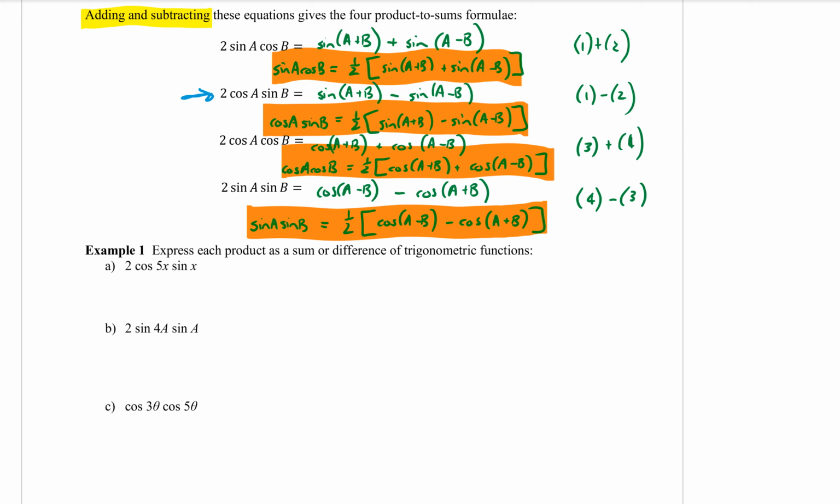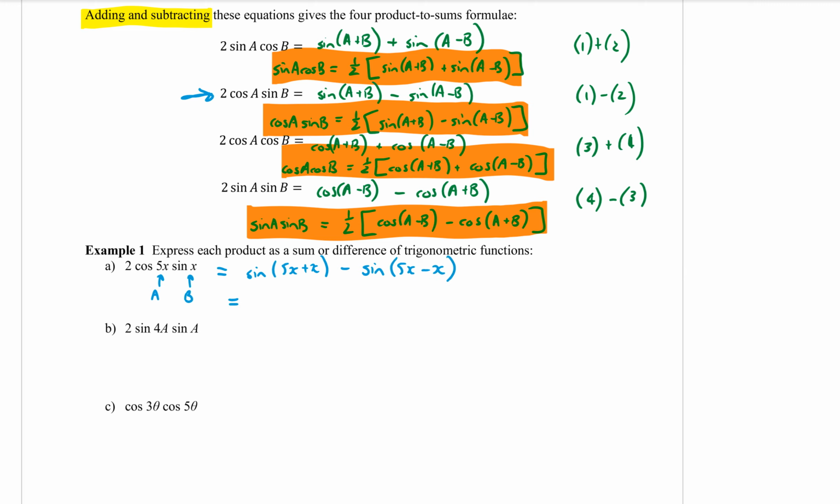That formula becomes, using the expanded side, sine of A plus B. Now the A is going to be the 5x and the B is going to be the x. So that will become sine of 5x plus x, then minus, using this formula up here, sine of A minus B, which is 5x minus x.